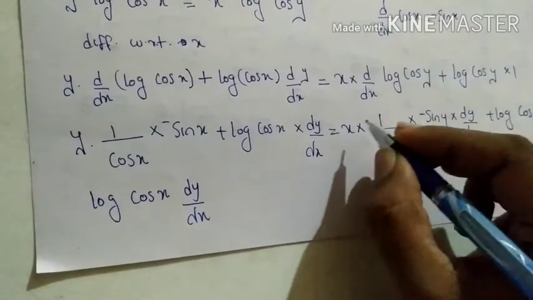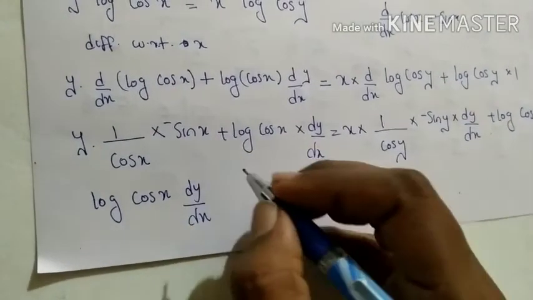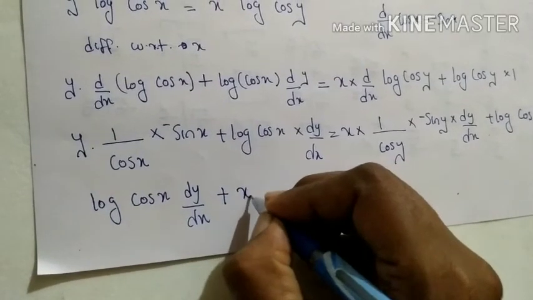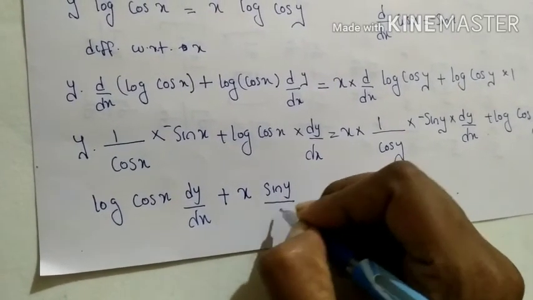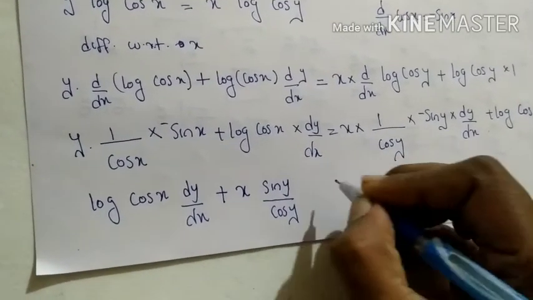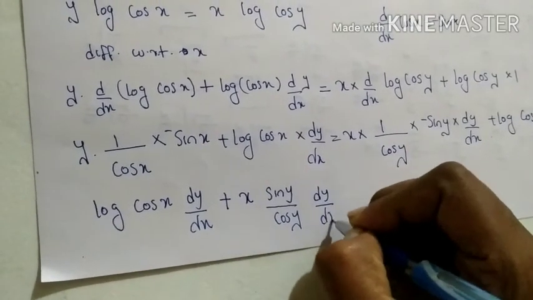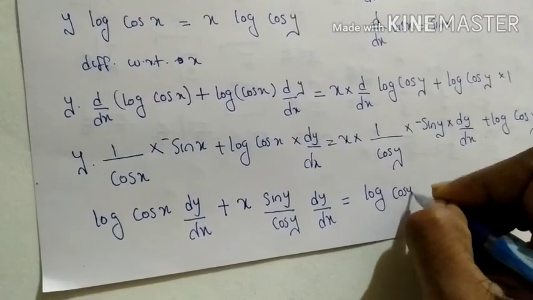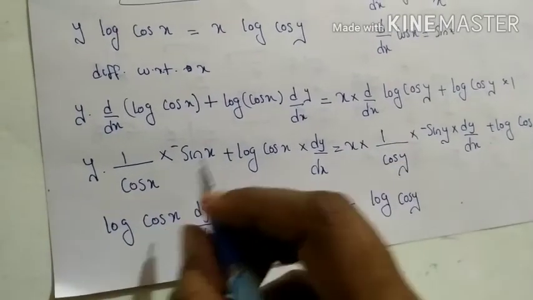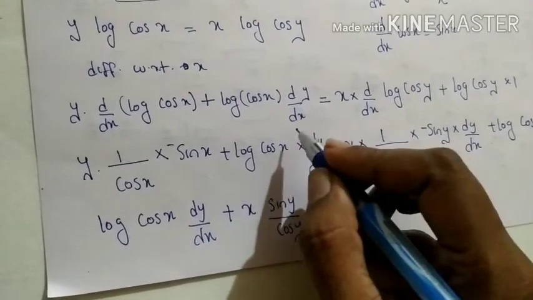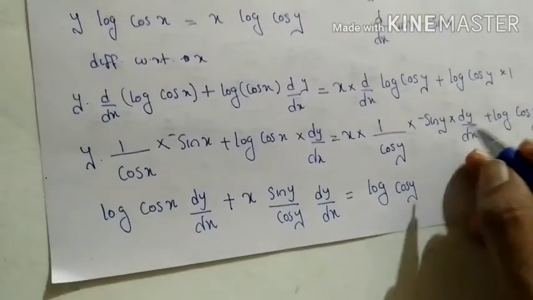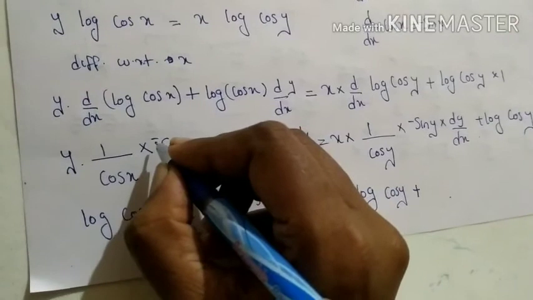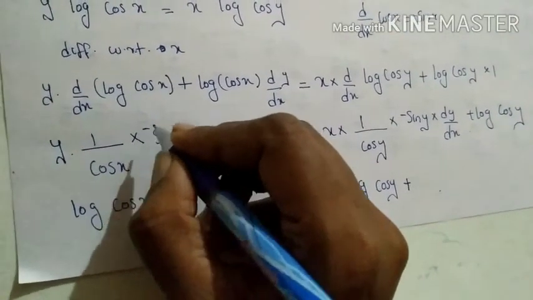This minus term will change to positive on RHS, plus x into sin y by cos y dy by dx equal to log cos y, taking this term to RHS, this will become positive because here negative is present.